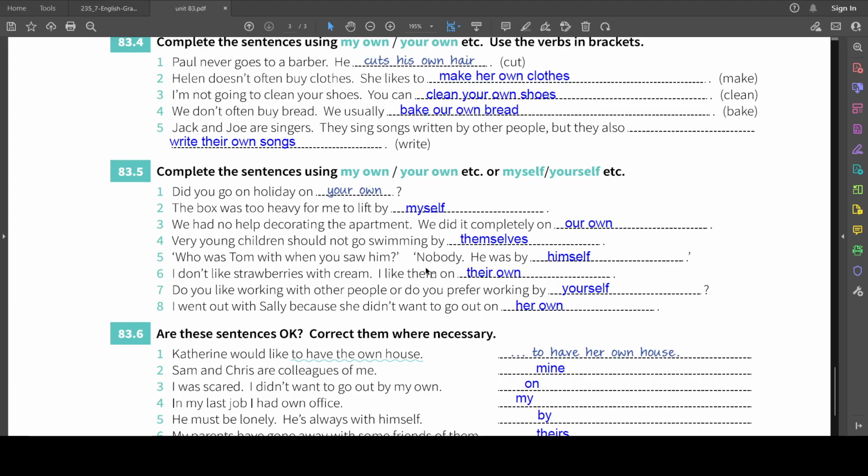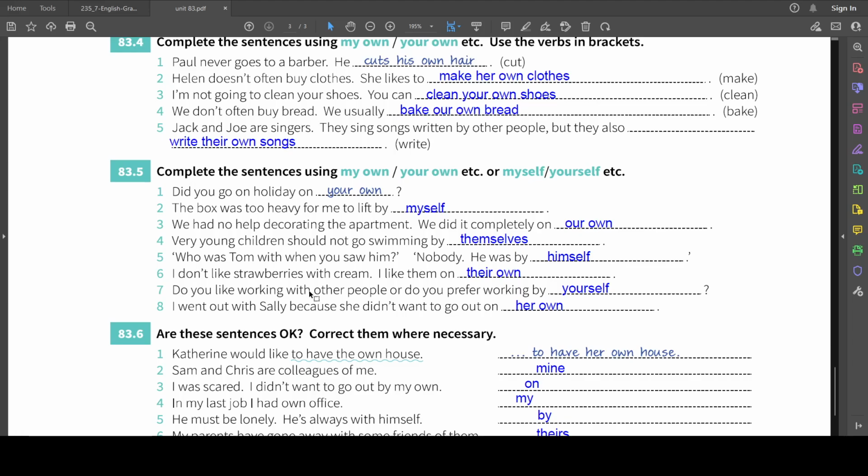Nobody. Check it out. He was by himself. He was alone. Very young children should not go swimming by themselves, so they shouldn't go swimming alone, without any adult supervision.